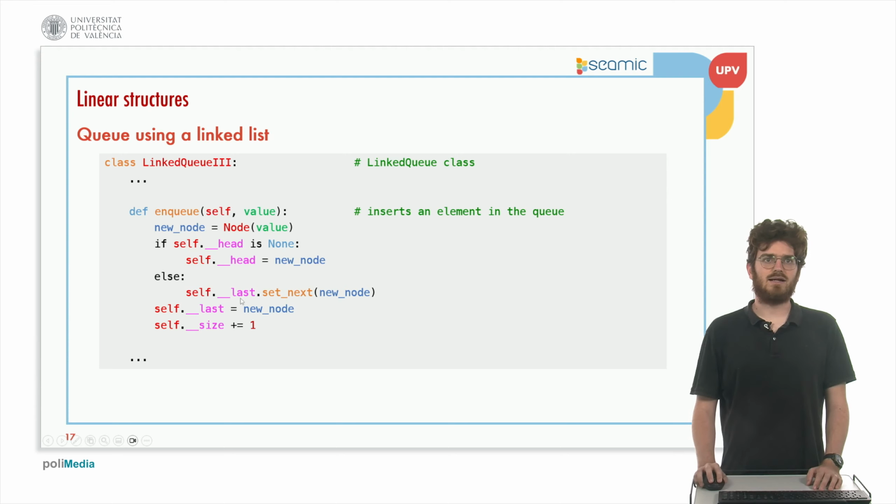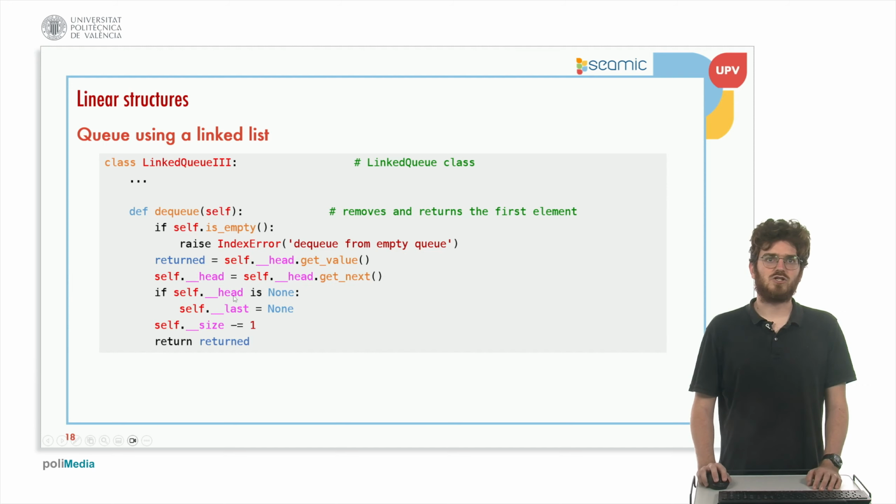Otherwise, we add it at the end of the queue. We set the next node of the last node to the new node. And then we update the last attribute such that it's now the new last node. And of course, we update the size by 1.